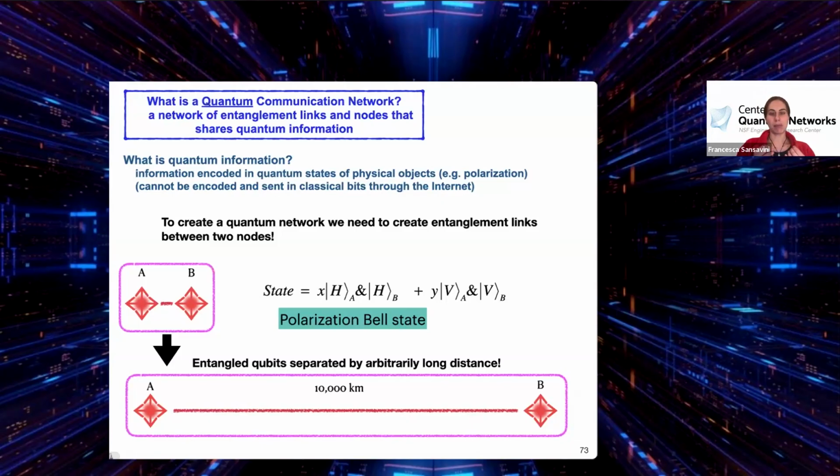So we will have, for example, this polarization Bell state HH plus VV, and we'll need to separate the two nodes by a given long distance, which can be 10,000 kilometers or more. And of course, to create a dense network like the internet that we have today, to create a quantum internet, we will need many, many nodes, many different types, many different connections, many entanglement links.